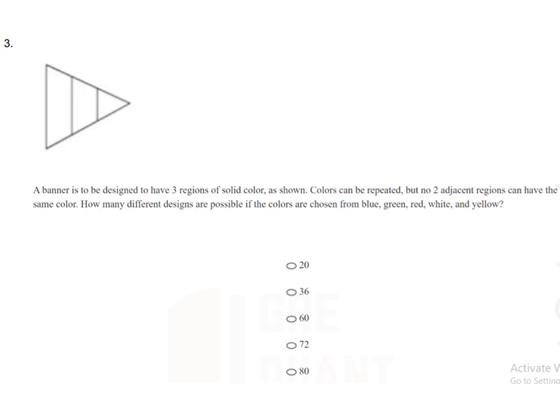In total, there are 5 colors: blue, green, red, white, and yellow. For the first region, we can choose one among those 5 colors, so 5C1. For the second region, we must omit one color, so we are left with 4 colors: 4C1.